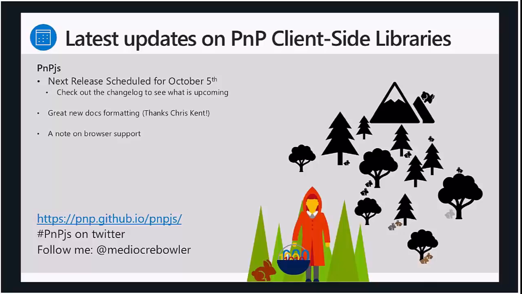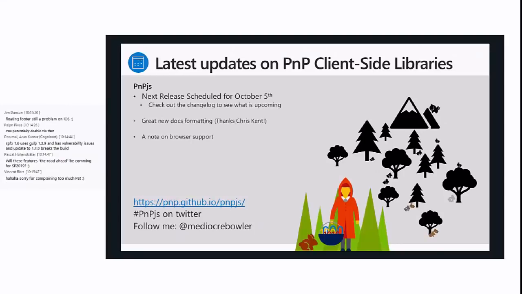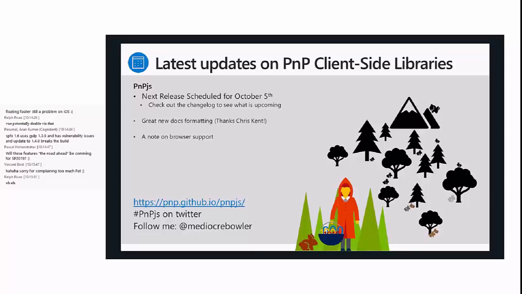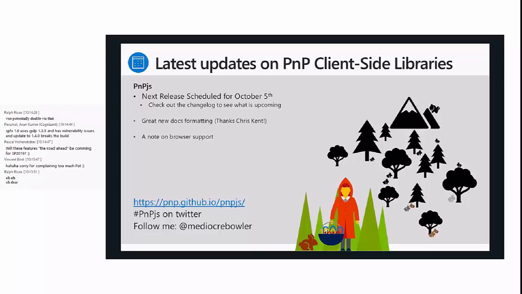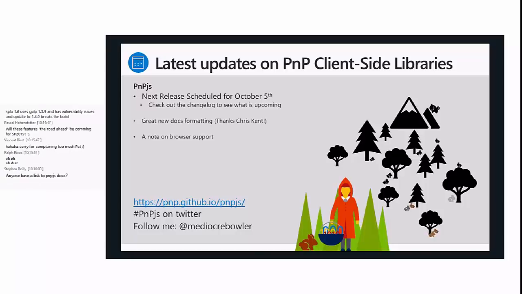And I did want to mention briefly browser support. We are in PnP JS drifting away from IE 11. We've updated the polyfill article. We're not aiming to break functionality in IE 11, but we are not working quite as hard to explicitly support it. Now, we've heard feedback on that, so we understand that can cause folks some pain.